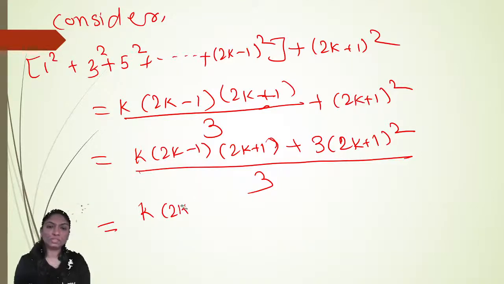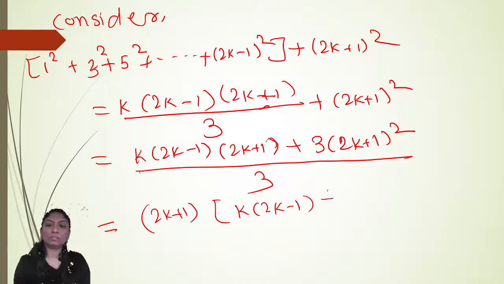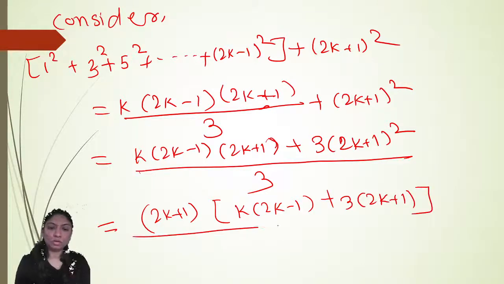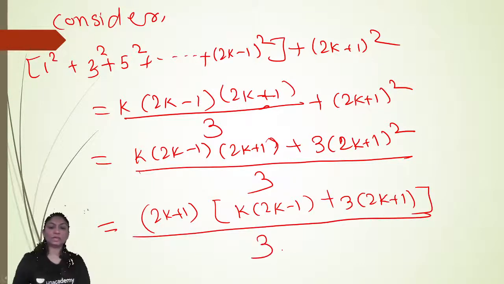So take 2k plus 1 common, right? We get (2k plus 1) into (k(2k minus 1) plus 3(2k plus 1)). What will be 2k plus 1?